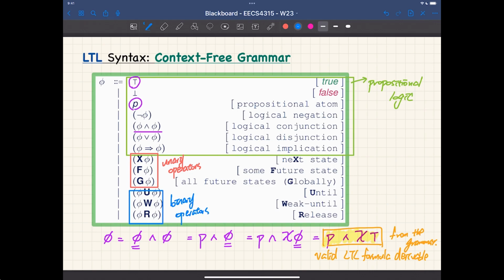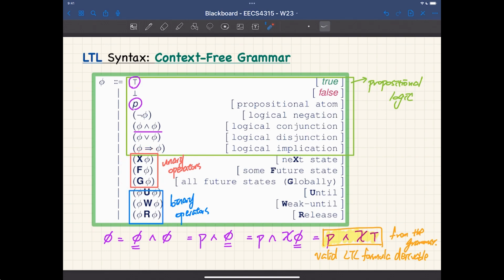For the unary one, only one phi can go after it, and for the binary one, you need both left and right. Very quickly, about how you can understand them: these three are relatively easier to understand, so maybe we'll start with them first.